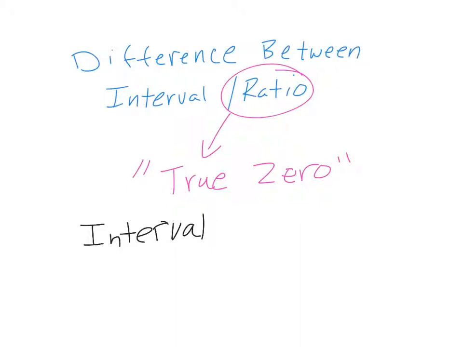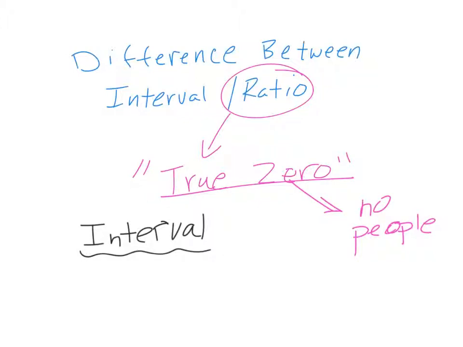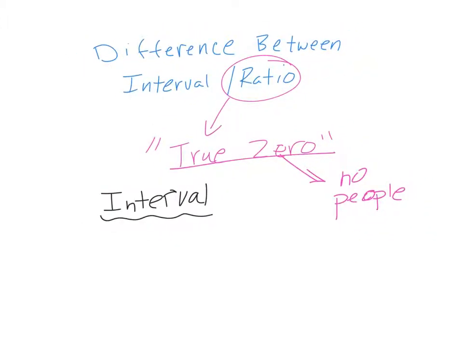It's easy to imagine what would have a true zero, like no people. Your number of people is going to be ratio data because you can have no people. Well, what doesn't have a zero? For example, there are a lot of IQ tests where there's actually no such thing as zero. You literally get some points for writing your name on there.